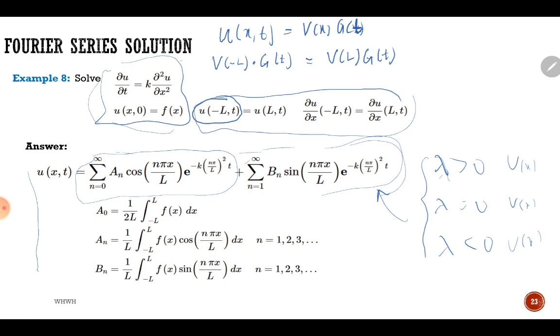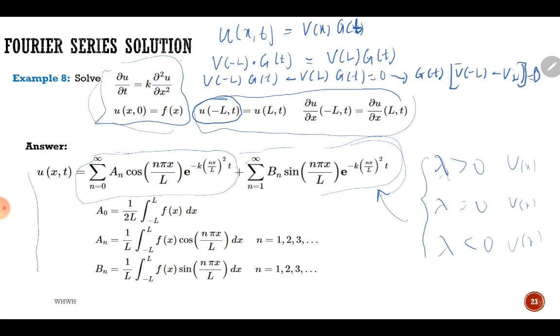And then from here, we bring everything to our left hand side, minus VL GT equals to 0. So in this case, we may factor out GT. So we have V negative L minus VL equals to 0.